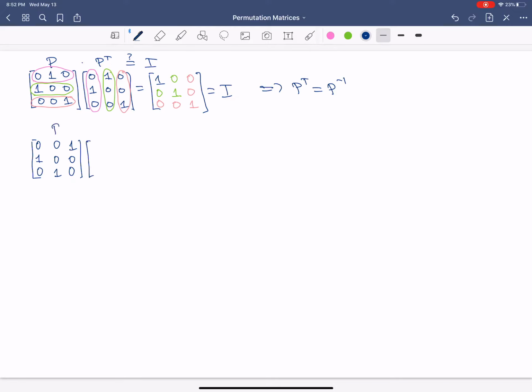Now, this is P. Its transpose, I have to take the rows of P and write them as columns: 0, 0, 1, 1, 0, 0, 0, 1, 0. Let me use a highlighter. This row is the same as this column. This row is the same as this column. And this row is the same as this column.